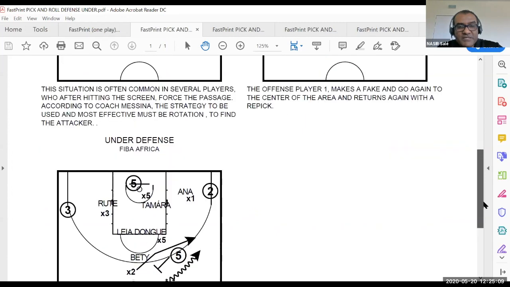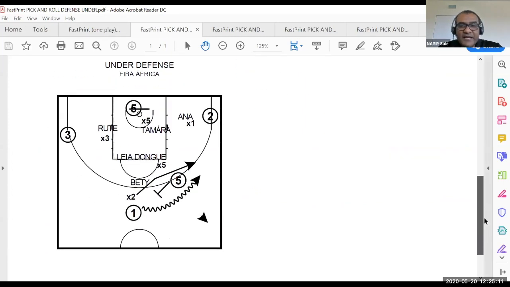This other situation we have to control again is this example. If this one is not a good perimeter shooter, we take X2 to go and start defense in the under.